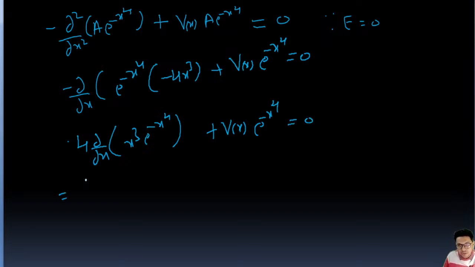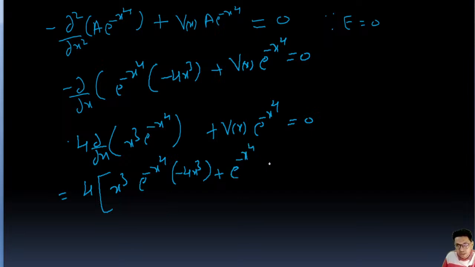Now we'll solve it. So 4 is common, so first function x cube e to the power minus x to the power 4 into minus 4x cube in differentiation of second, okay. Then second function will remain as it is, x to the power 4, and differentiation of first, so this is going to be 3x square, right, plus Vx e to the power minus x4 is going to be 0. So e to the power minus x4 is in all terms, so it will go in right hand side, so this is going to be 0, and then we'll solve it.